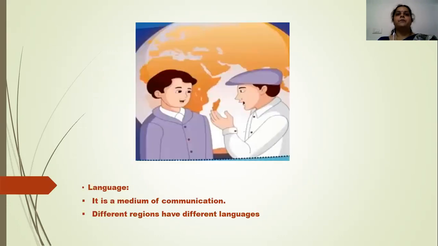So first of all, what is a language? We all know that it is the way by which we talk to people, the medium by which we communicate. So computer language is a medium of communication.